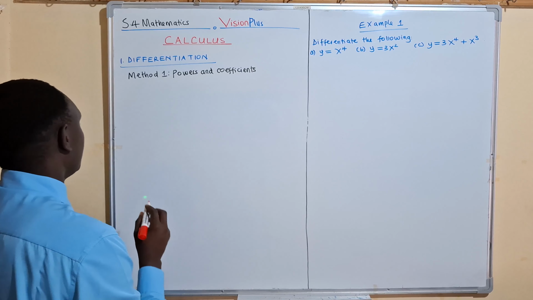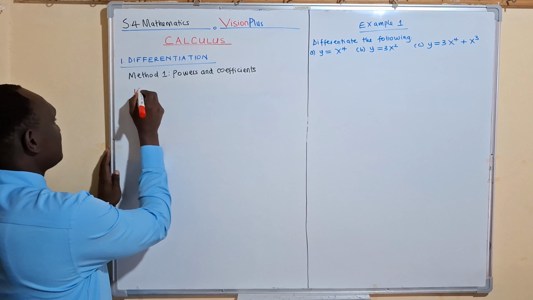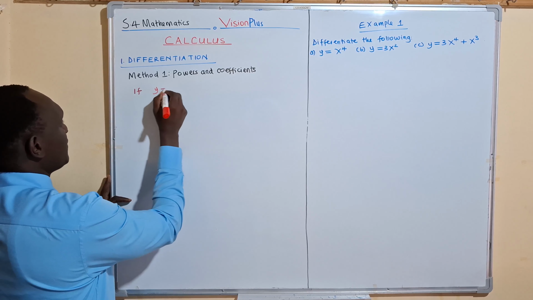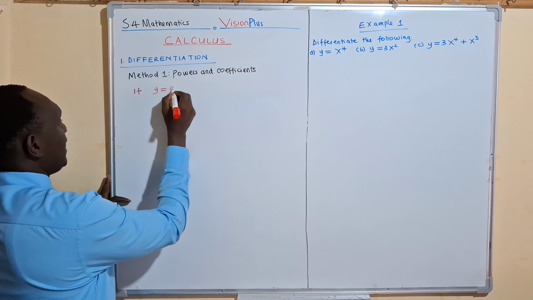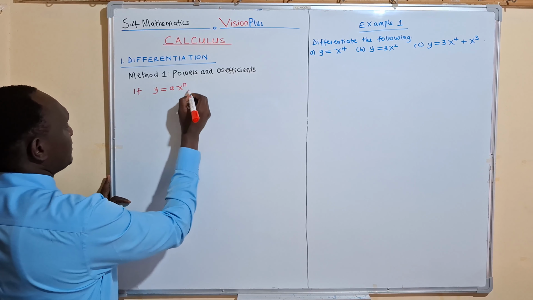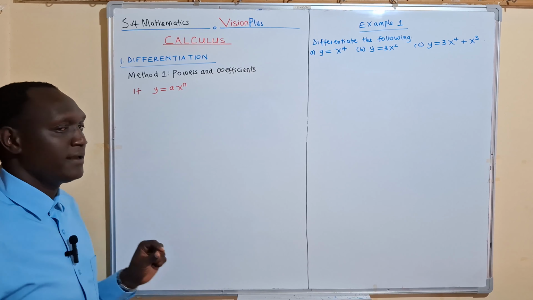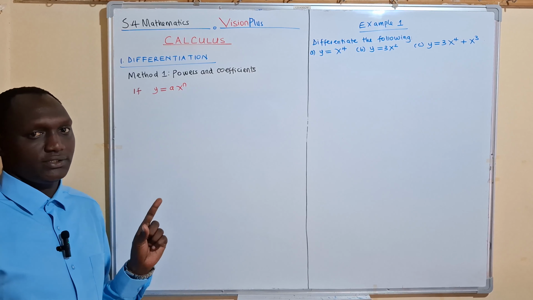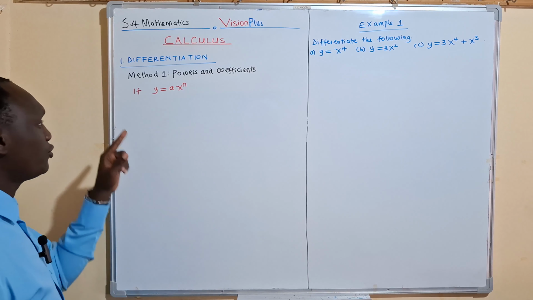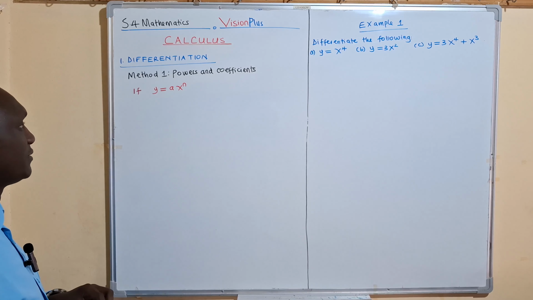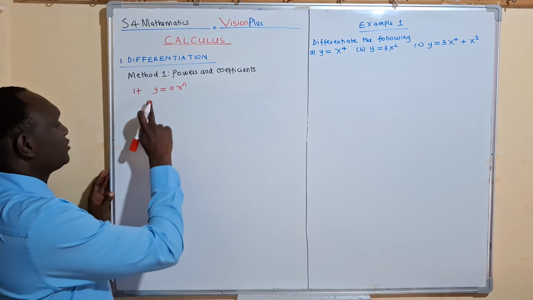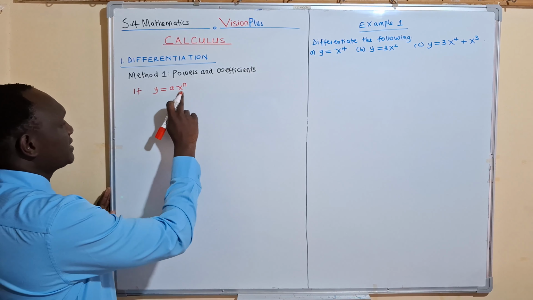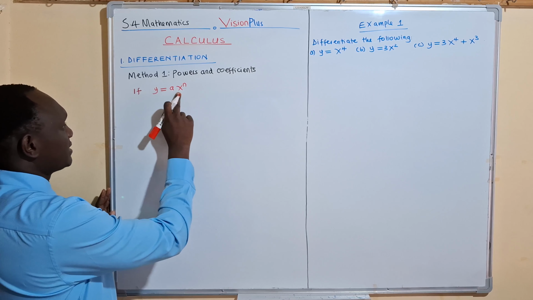And let us say you have a function y equals ax power n, that is the function. Now, what is the derivative of this function? In other words, how do we differentiate this function? The function is y and the variable in this case is x.